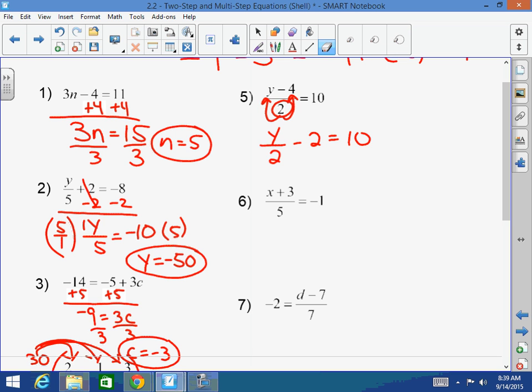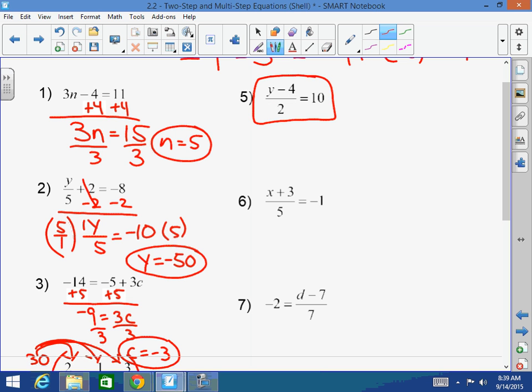However, there's an easier way. When it's in this format and this format only, guys, I can switch up the orders. I can get rid of this denominator right from the get-go. How can I do that? Well, since I'm dividing the whole entire y minus 4 by 2, if I go ahead and multiply 2 to both sides, 2 over 1 to both sides, the 2's cancel here.